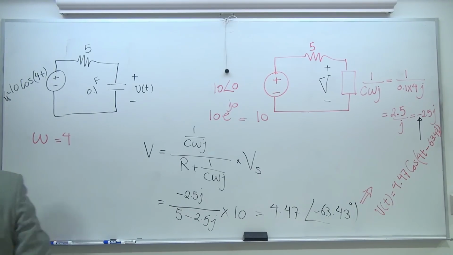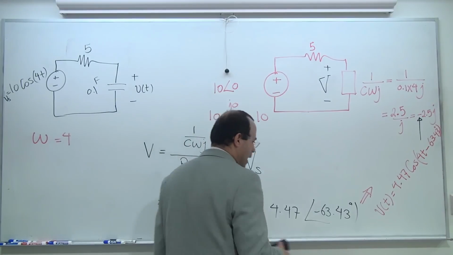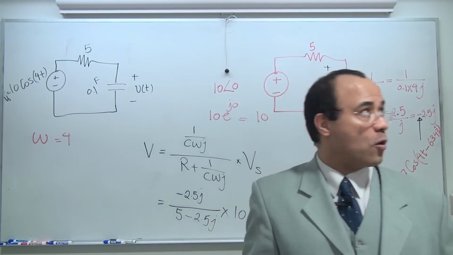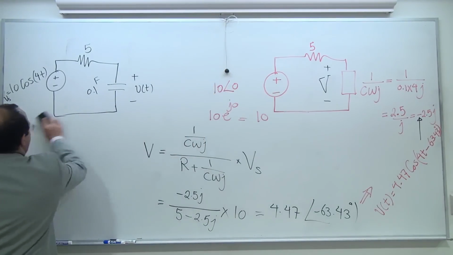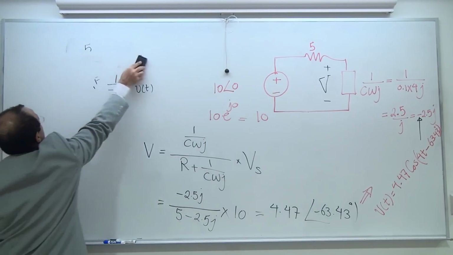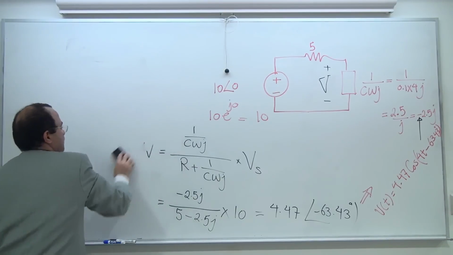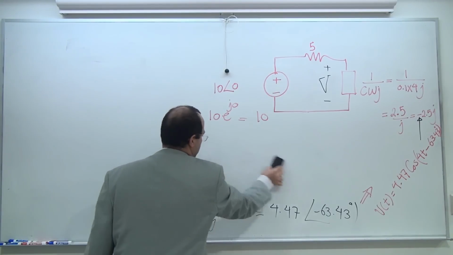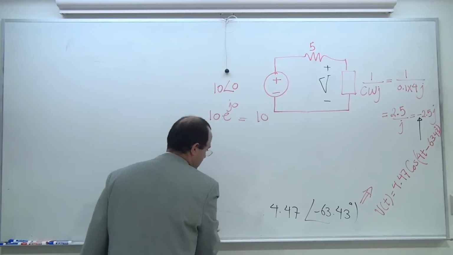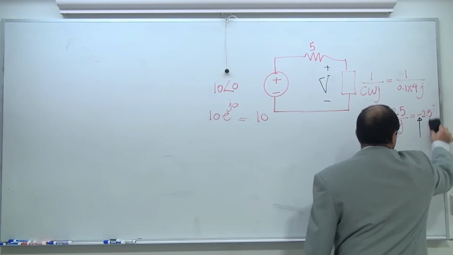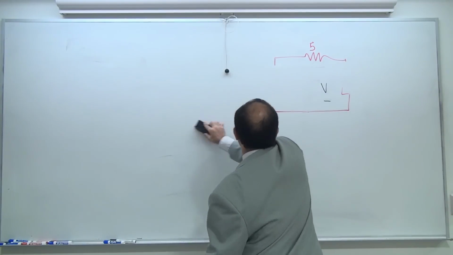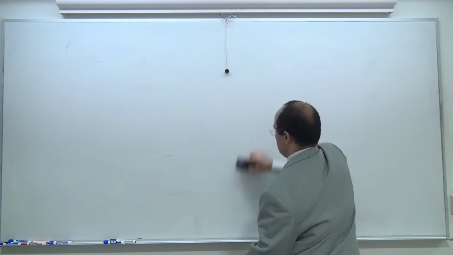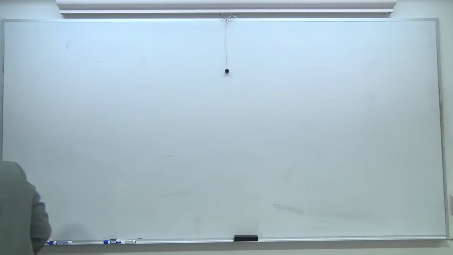Let's grab a bit of a complex example this time, and I want to do mesh and nodal, and hopefully we capture all the information. So let's go back. This is page 395.